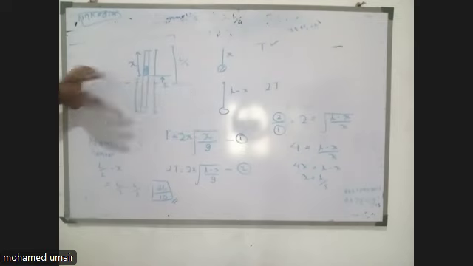That's what they have just asked you: what is the distance of the point mass from the center line? Okay, so it's fine. Yeah, that's it. So it is 3L by 10.